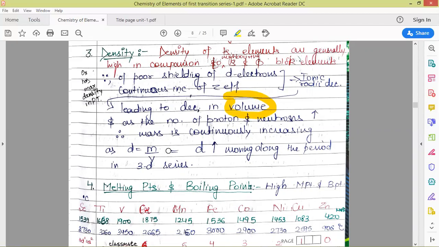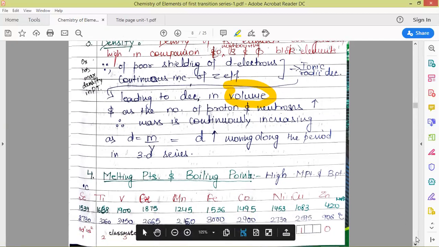The density formula is mass upon volume, and mass is constantly increasing because the number of protons and neutrons are constantly increasing. Density is directly proportional to mass and mass is increasing, and it is inversely proportional to volume and volume is decreasing. So density must increase as we move from left to right in the period along the 3d series.